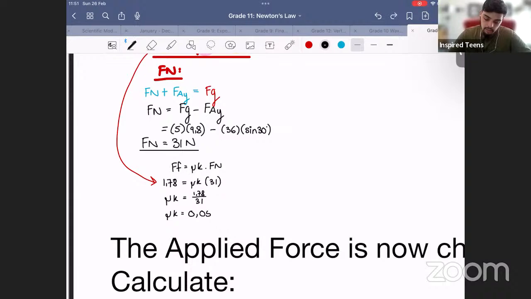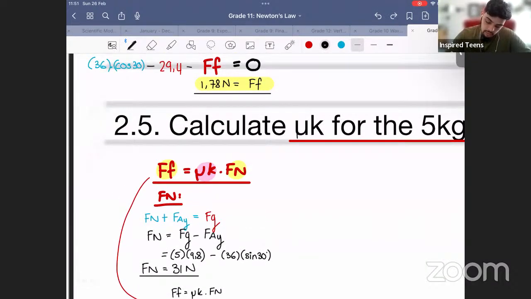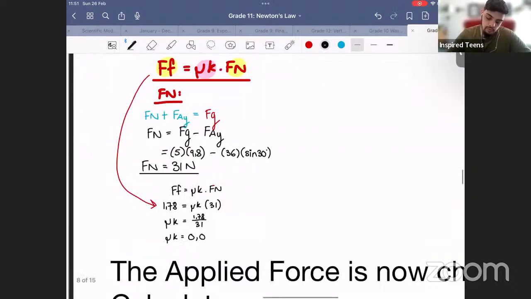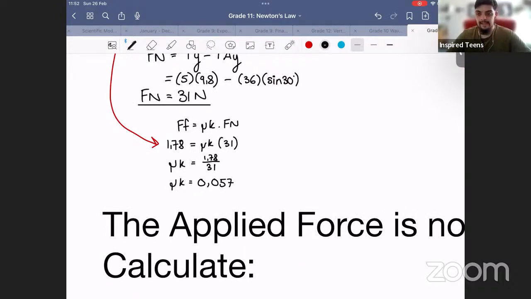It's mu k. I just was supposed to do this. It's not UK. Yes, mu is a letter in the Greek alphabet. Correct.